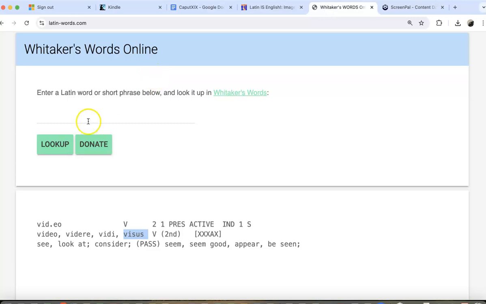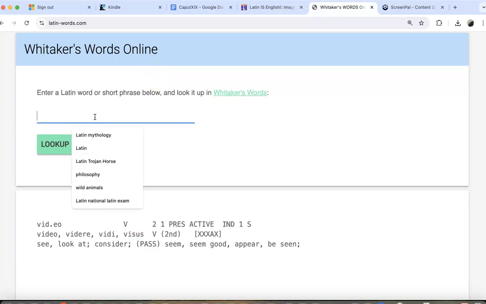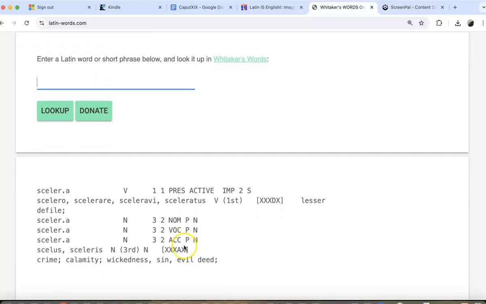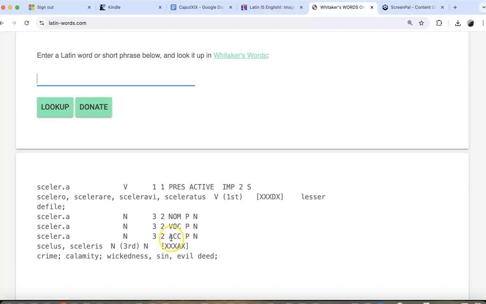Again, I cannot stress enough that it's important in Latin, like in most things, to slow it down a little bit. And if we're not sure, we're going to look things up. But this is accusative, plural. In this context, crimes. I think these other things maybe missed the mark a little bit, at least in that Roman context. So let's go with crimes for that translation.